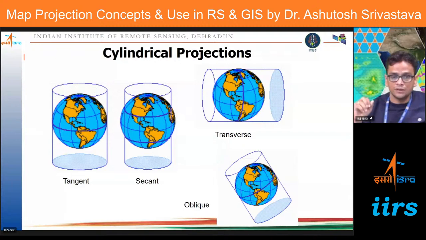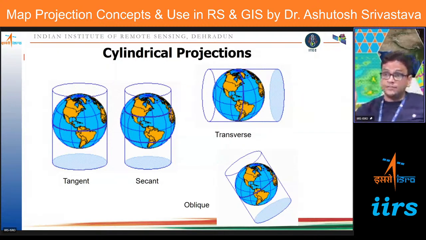So first level differences you can find out: normal, transverse, oblique, plane, cone, cylinder. Then we have the tangent case and secant case. And after that, what do we want to preserve?